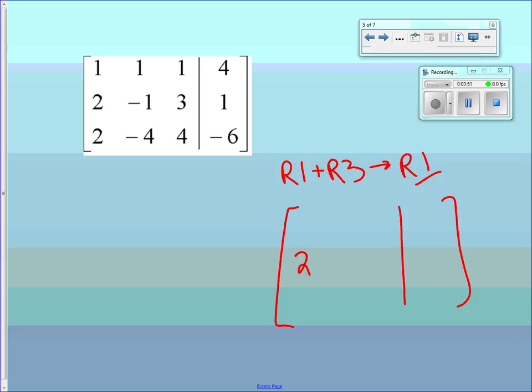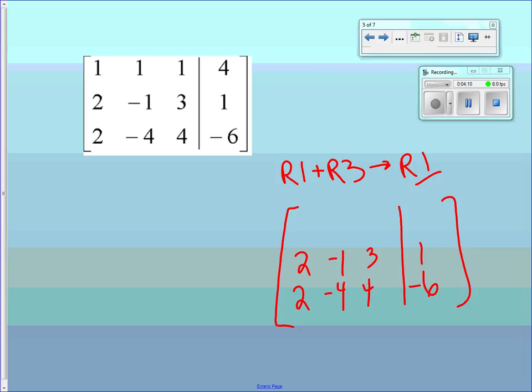So what I like to do is I like to go ahead and write in the rows that don't change. So I know that row 2 and row 3 aren't going to change. So I'm going to put those in there first. And then row 1 is going to change, and it's going to be the sum of row 1 and row 3. So I'm going to add the elements that are in the same column.